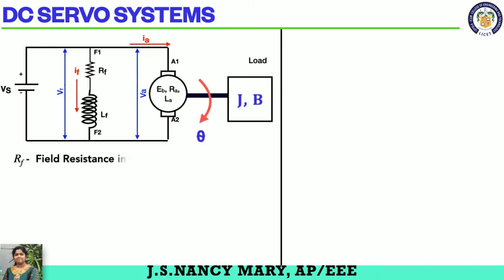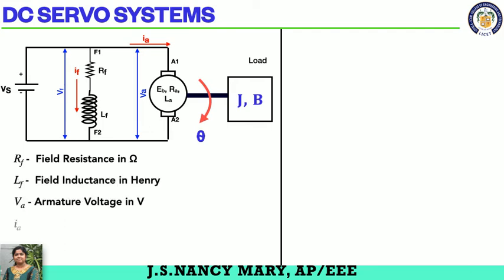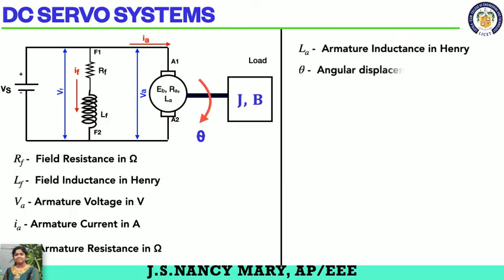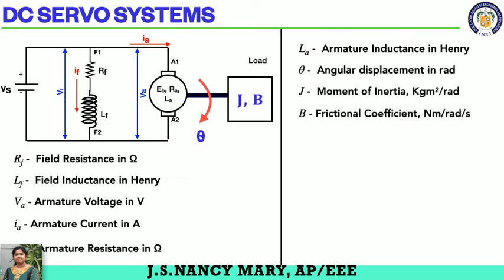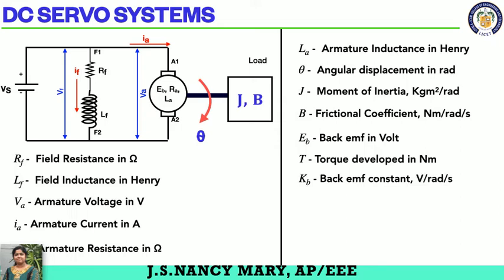So Rf is field resistance in ohm, Lf is field inductance in Henry, Va is armature voltage in V, and Ia will be armature current in A, then your armature resistance Ra. Then La will be your armature inductance, theta is angular displacement, moment of inertia J, B frictional coefficient, Eb back EMF, T is torque developed, Kb will be back EMF constant and Kt will be torque constant.